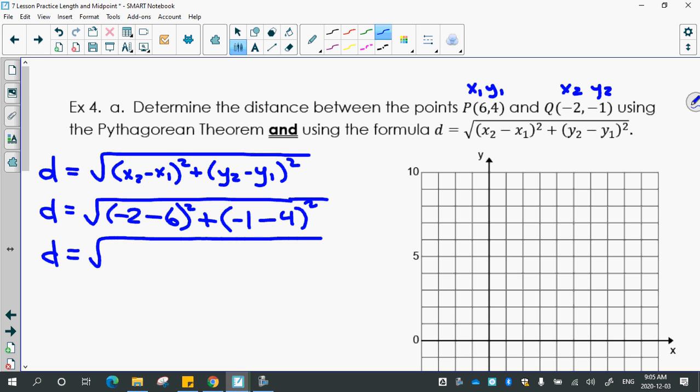So I still have my big square root sign, and I get my calculator and I do -2 subtract 6. And that's -8 squared from the formula, plus -1 minus 4 is -5 squared.